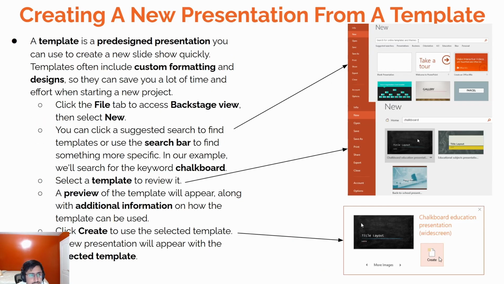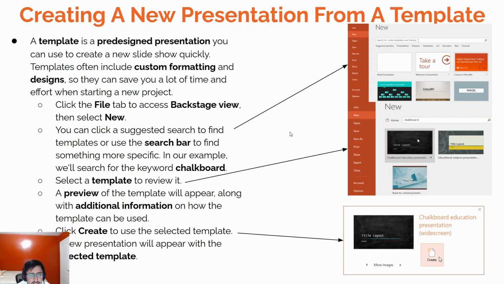Then we have a template. So we've talked a lot and used a lot of templates, but it's basically a pre-designed presentation you can use to create a new slideshow quickly. Templates often include custom formatting and design, so they can save you a lot of time and effort when creating a new project, right? So to do this, we click the File tab to access the backstage view, then select New.